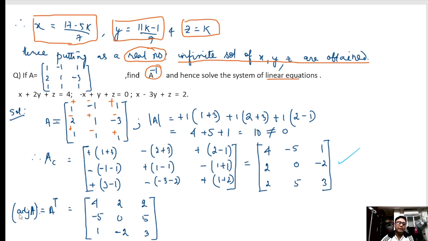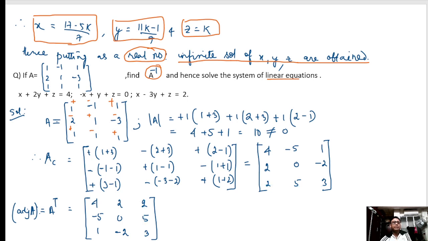Then adjoint A is the transpose of the cofactor matrix. First row will become the first column, second row will become the second column, third row will become the third column.